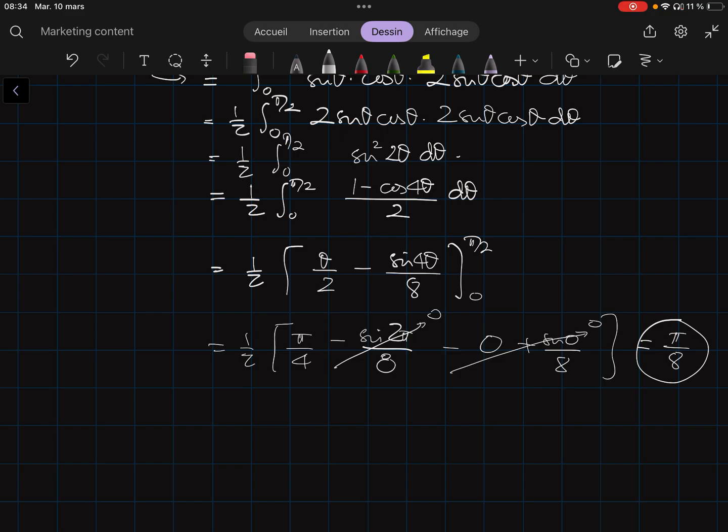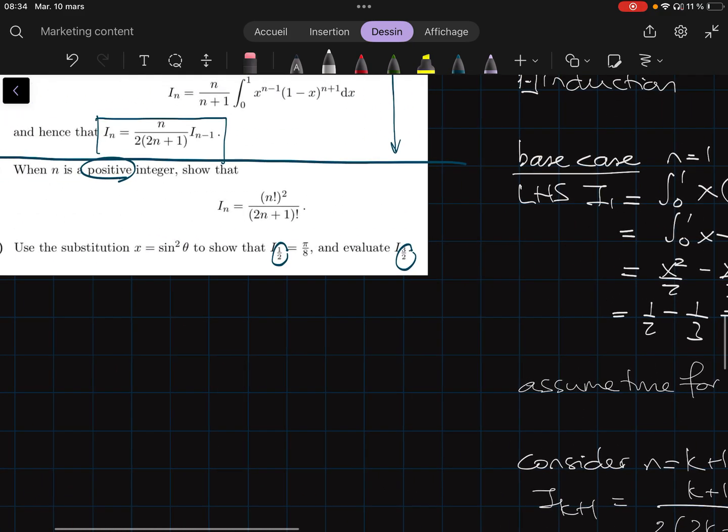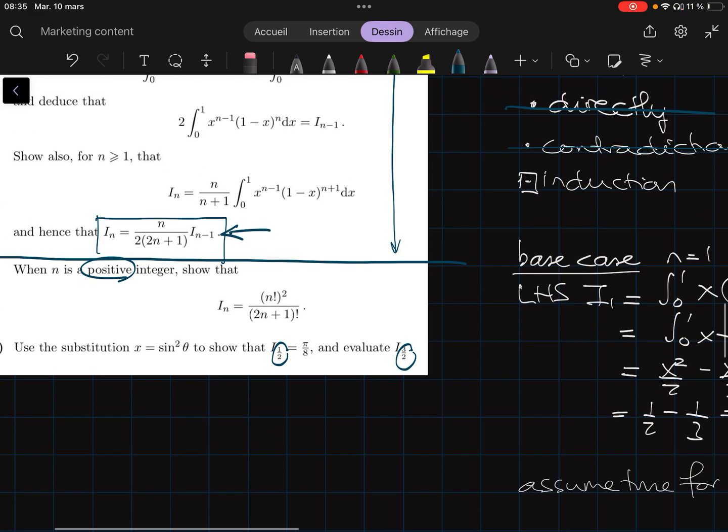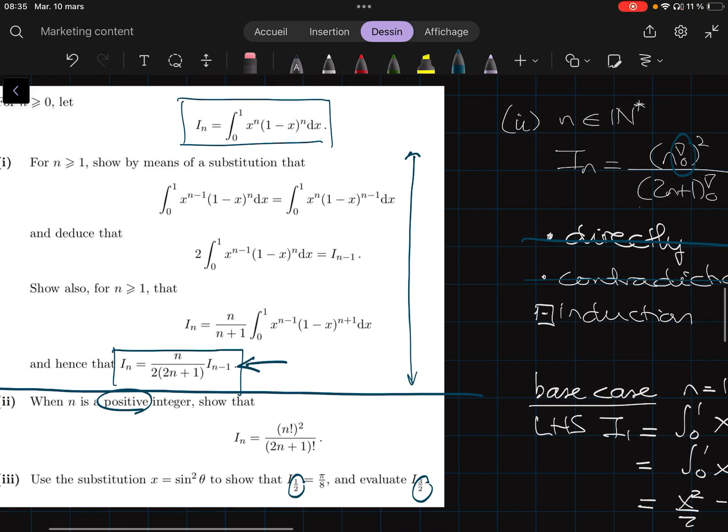Now let's go back and do the last part of the question. Evaluate I of 3/2. So, seems like we should be making use of this result over here. The question is, can we? Go back to the entire derivation we have done so far.